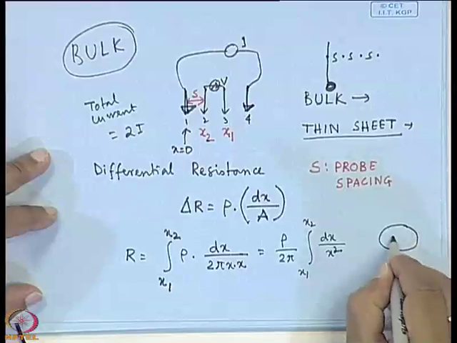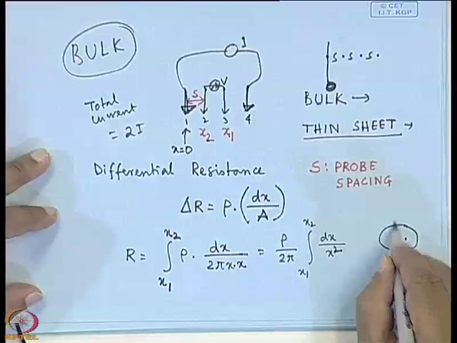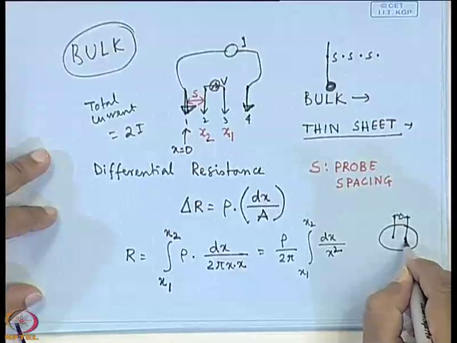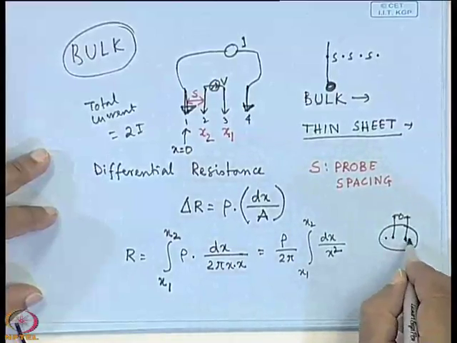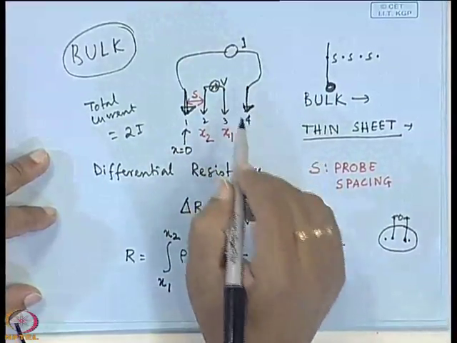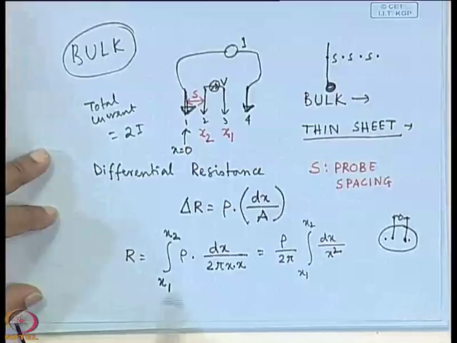It is not only I, because two probes are there. If it was a two-probe material characterization, you are sending the current between two and measuring the voltage, then it is V by I. Since we are introducing 4 probes, it is a superposition of current between the outer two probes, and it is 2I.